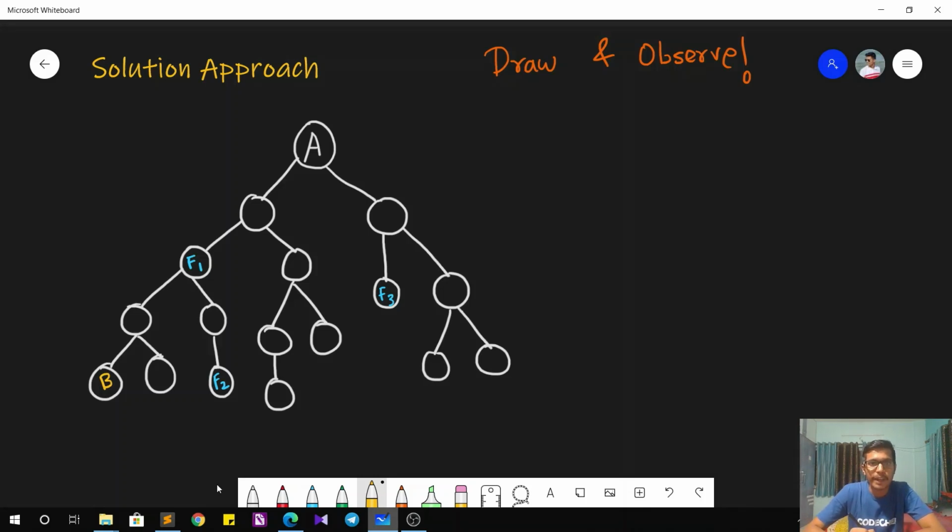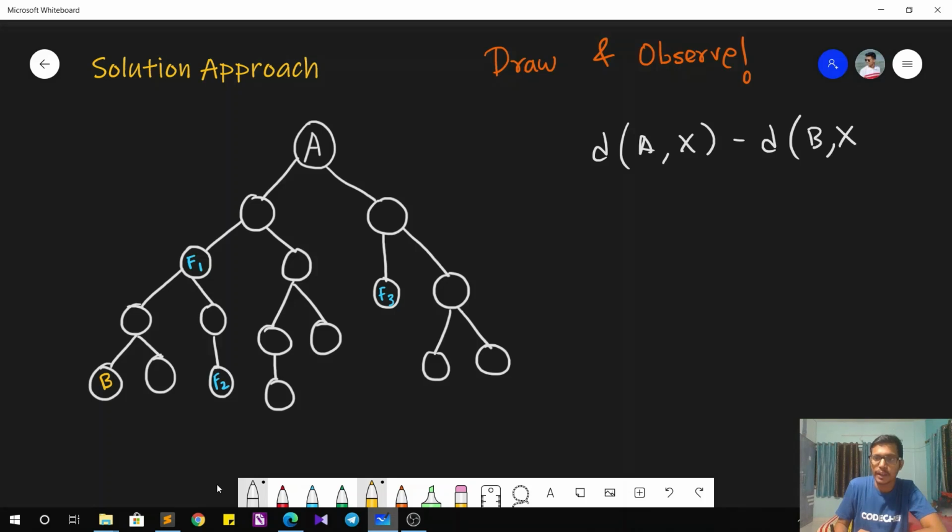I have to pair it up with some special nodes. I have three special nodes in my tree, that is F1, F2 and F3. Let's say I decide to pair it with F2. Then how are my distances going to look like? The distance d(A, X), the expression was d(a, x) minus d(b, x).